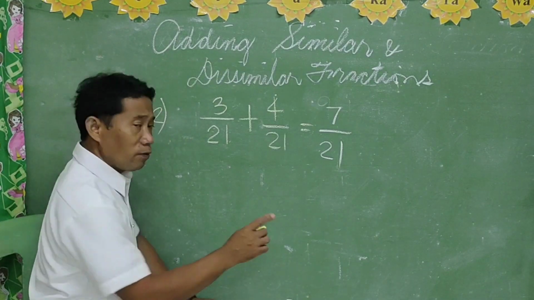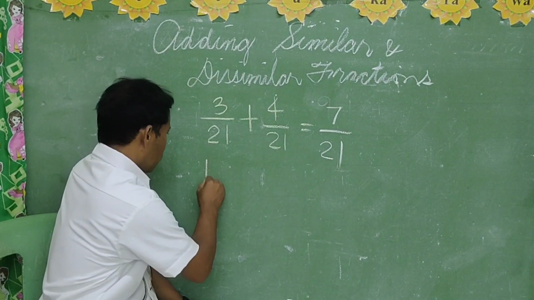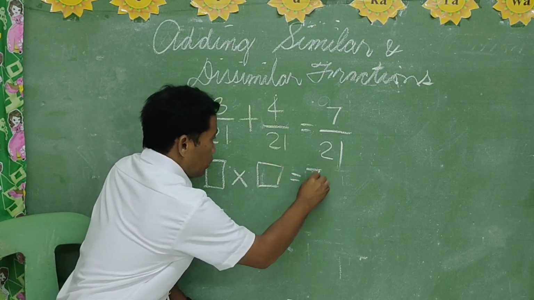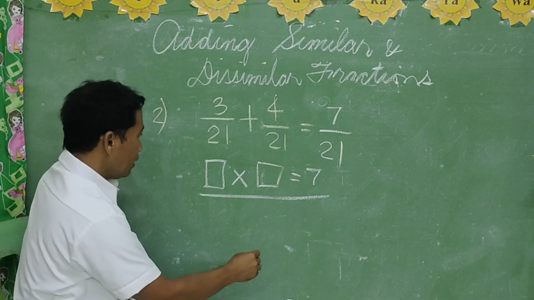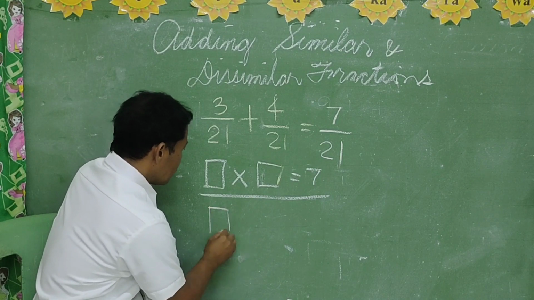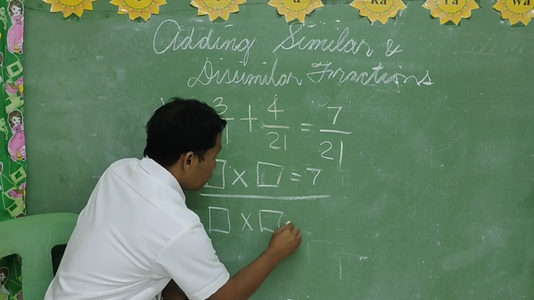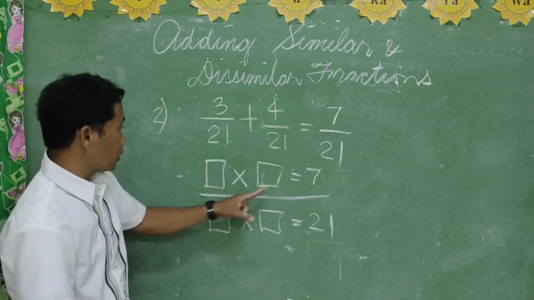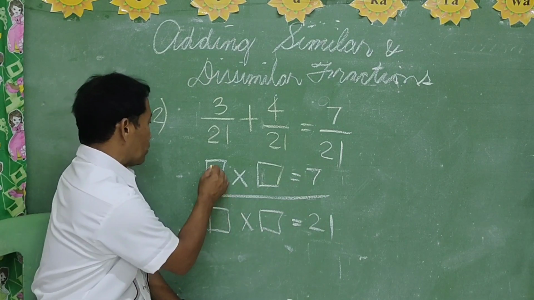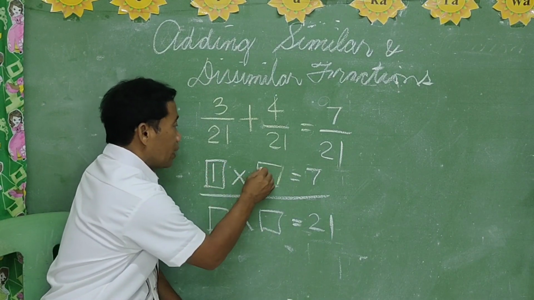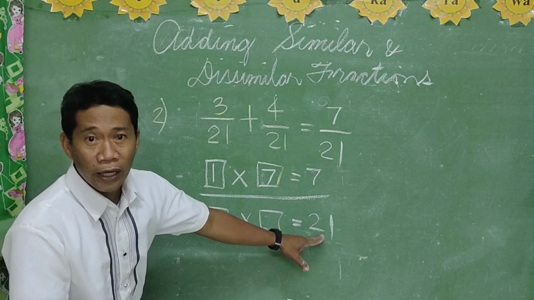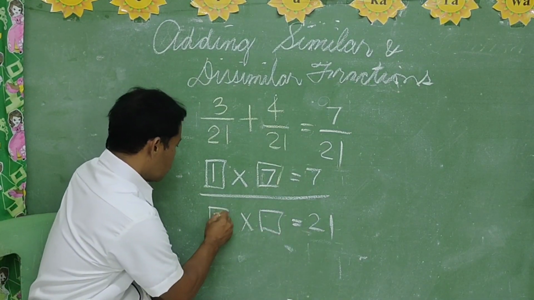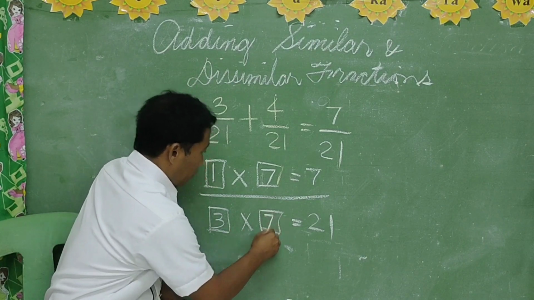Paano nga ba gawin yun? Ito na yun. Blank times blank equals 7. Yung sa ibaba naman, blank times blank equals 21. Ngayon, ano ba yung factors ng 7? Wala nang ibang factors dyan, kundi 1 and 7. How about the 21? Yung factors ng 21 is 3 and 7.